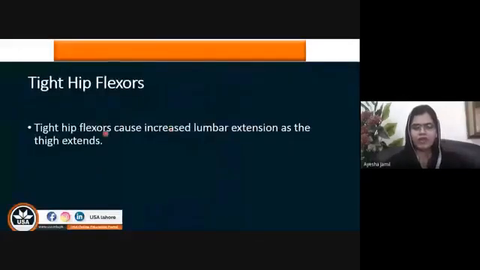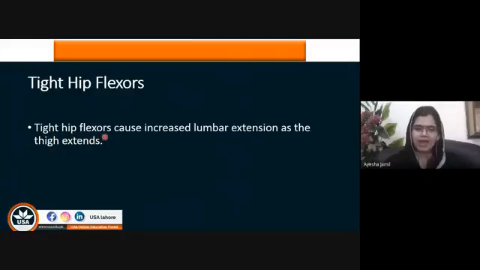So we have cleared that the tight hip flexors cause increased lumbar extension as the thigh extends. It means that here they are talking about the two joint crossing muscles. When they extend the thigh, there will be increased lumbar extension. The same is true for the single joint crossing muscle, but that is devoid of the thigh extension.